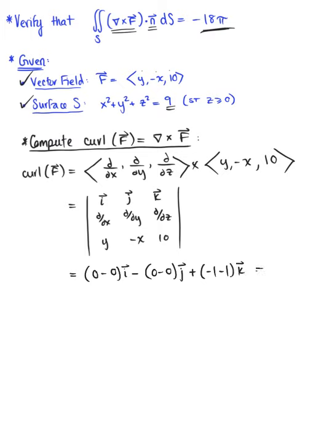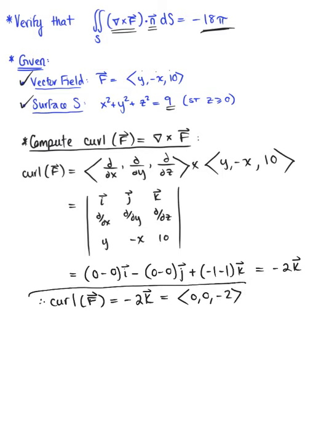So this simply leaves us with negative 2 k hat. Excuse me, not our normal vector, the curl of this vector field, we can either simply leave as negative 2 k hat, or write it in the component form 0, 0, minus 2.